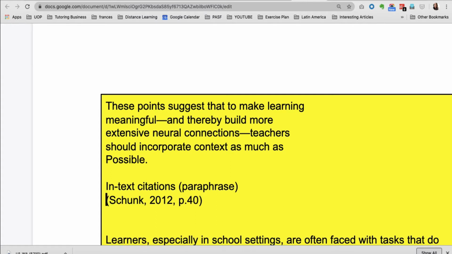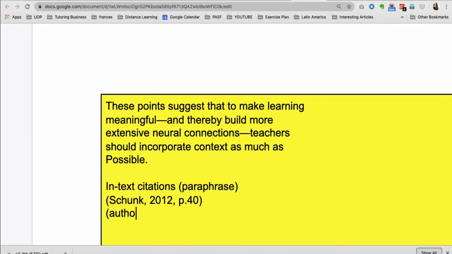When you have direct quotes, that's something else. I usually do not include direct quotes because they take up too much space, and especially for the writing assignment, since it limits you to 2 to 3 pages, I don't want to take up too much space.